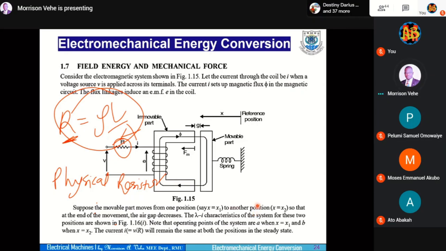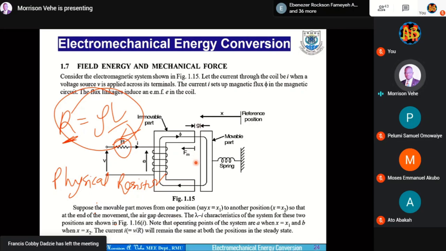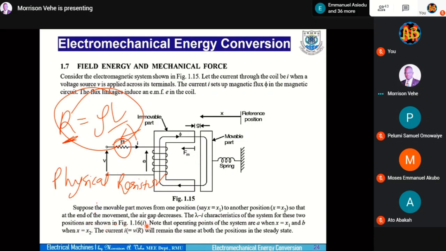At the end of the movement, the air gap will decrease. What is going to happen? The lambda-I characteristics of the system for these two positions are shown in the subsequent figure.